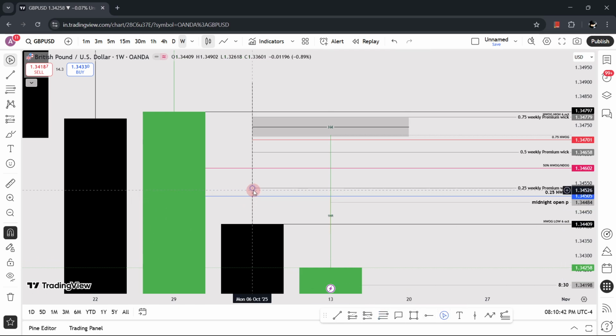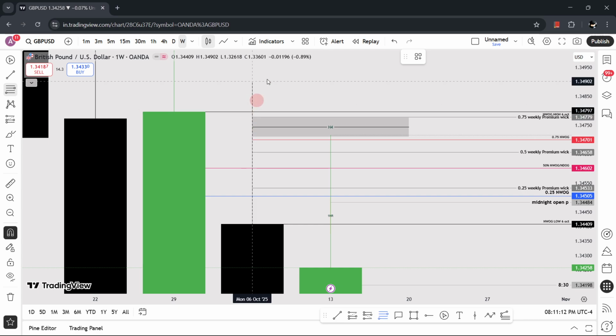I have marked the new week opening gap 0 point quadrants, 0.25 quadrant, 0.75 quadrant here. And this red candle is not the wick; this is the week opening gap's quadrant, so don't confuse it.